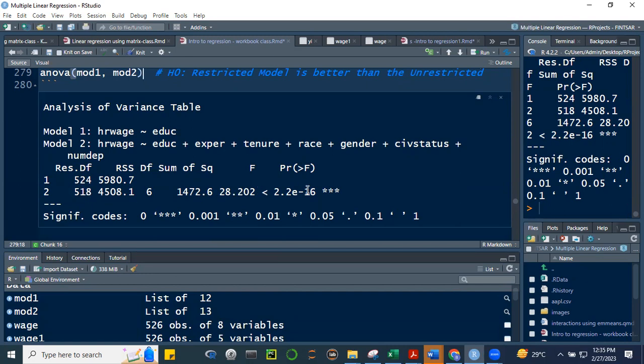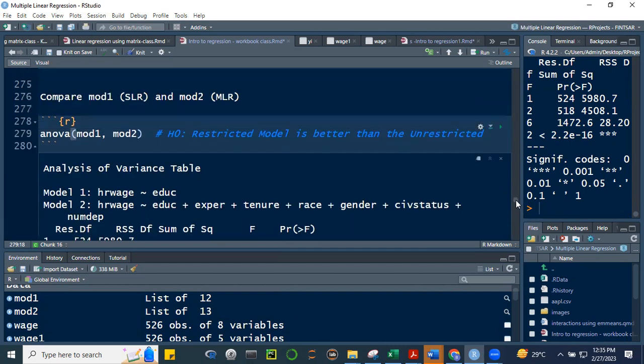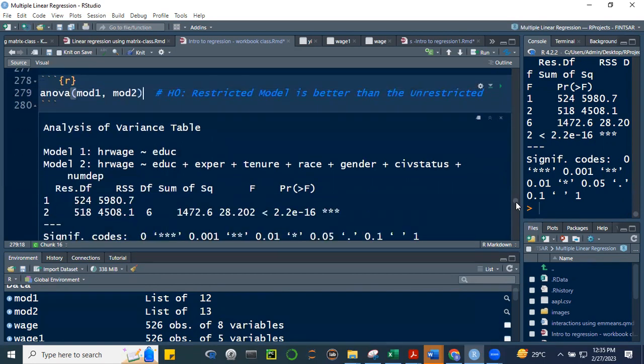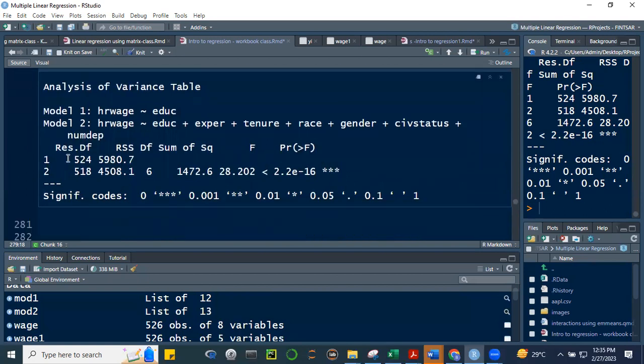So, anong conclusion? P-value is less than 0.0. Therefore, we reject the null hypothesis that the restricted model, which is model 1, yung mas konti, is better. Okay, mali. Mas maganda si model 2, yung unrestricted, yung mas maraming predictors based on this statistical test.